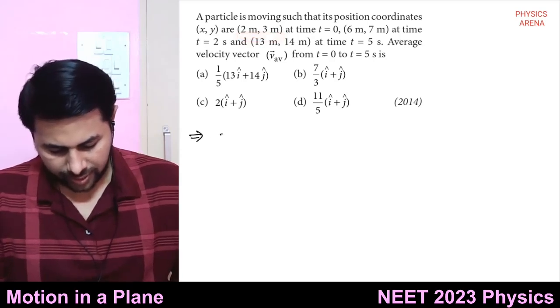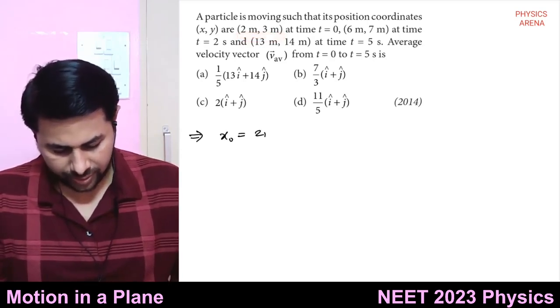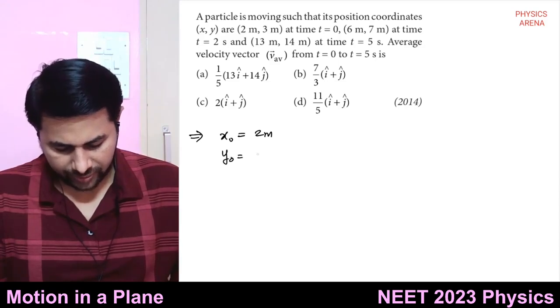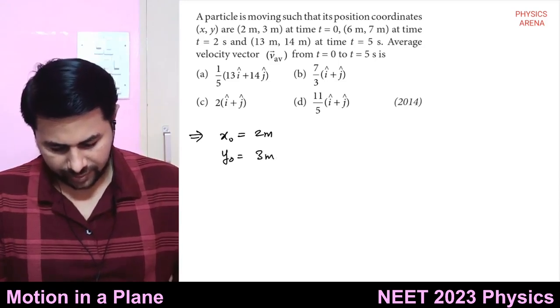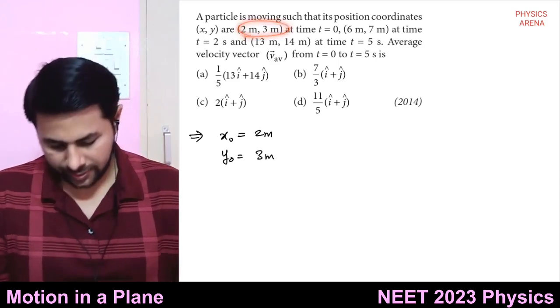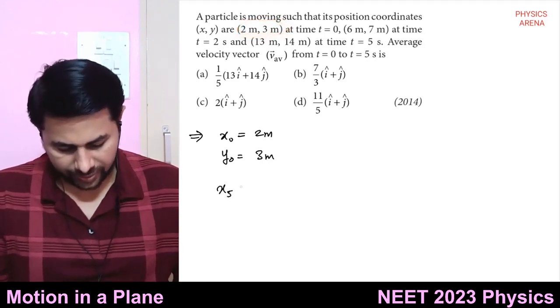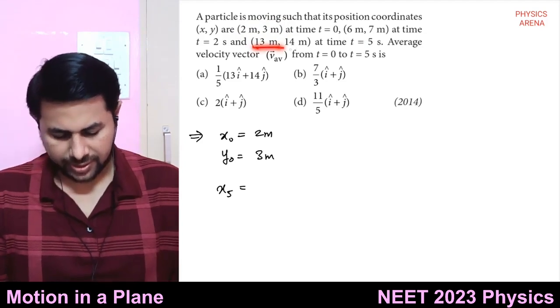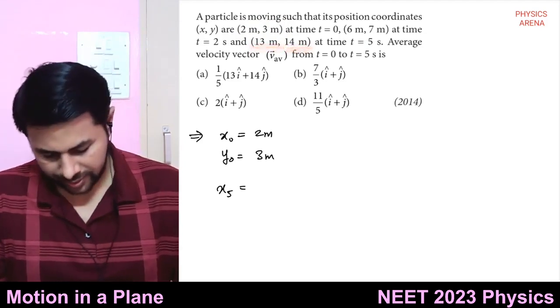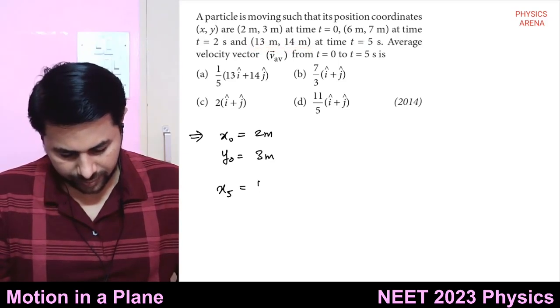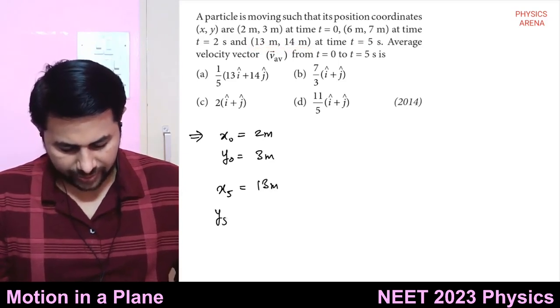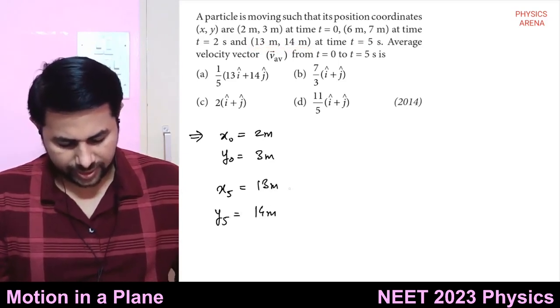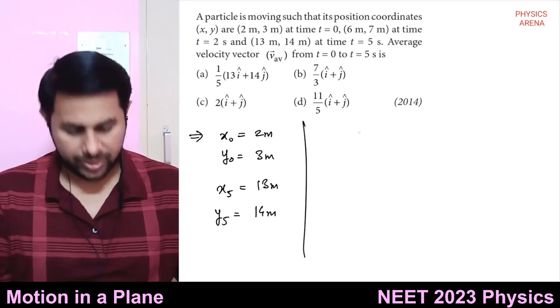So x0 equals 2 meters, y0 equals 3 meters. Then x at 5 equals 13 meters, y at 5 equals 14 meters. Now you can find the average velocity.